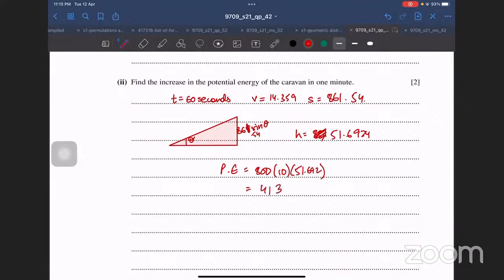This gives me 413,536, which is 414,000 rounded off.